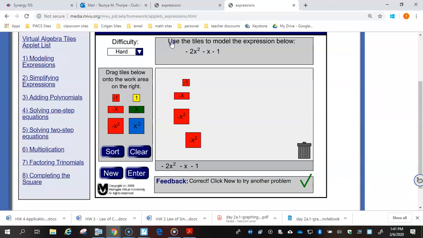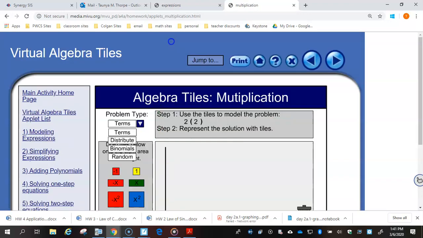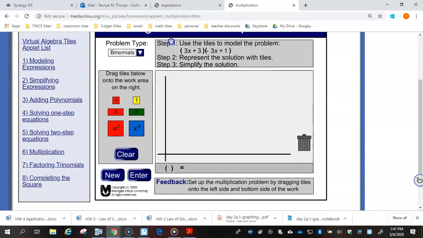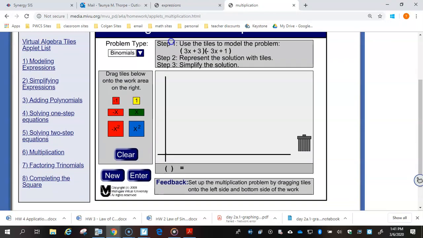Alright? Now that we know how to represent them, we're actually going to multiply our binomials. Binomials means two terms. How would we represent 3x plus 3? 3 positive x tiles, and then 3 positive 1s.